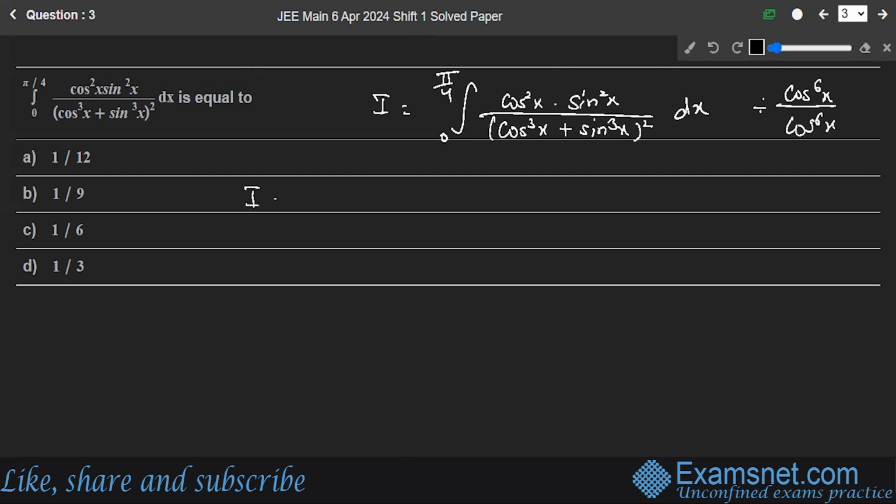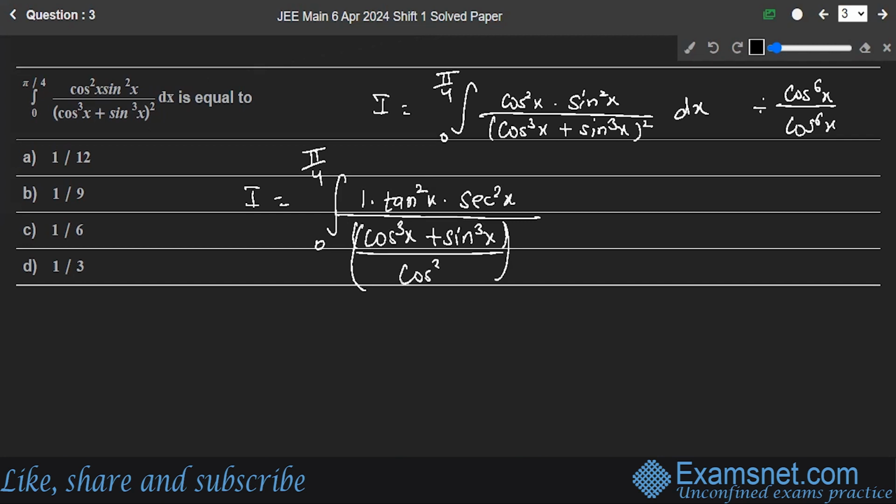This will give you I is equal to integral limits 0 to pi by 4, 1 into tangent square into secant square x, and the denominator will have cos cube x plus sine cube x, because this was a square, divided by cos cube x whole square dx.